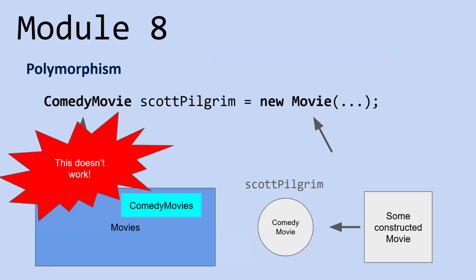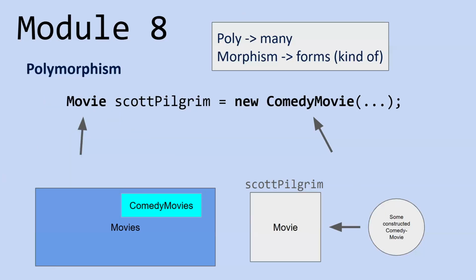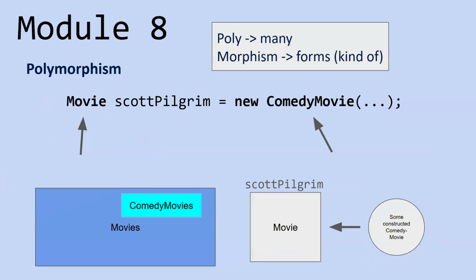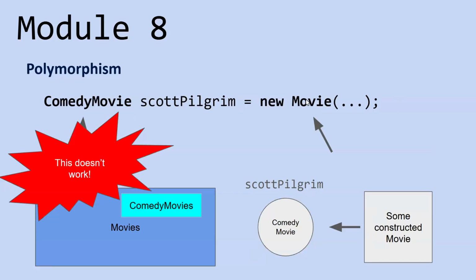So we can say movie Scott Pilgrim equals new comedy movie, but we can't say comedy movie Scott Pilgrim equals new movie. So you can declare an object of the subclass and store it in a variable of the superclass, but you can't initialize an object of the superclass and store it in the declared type of the subclass.